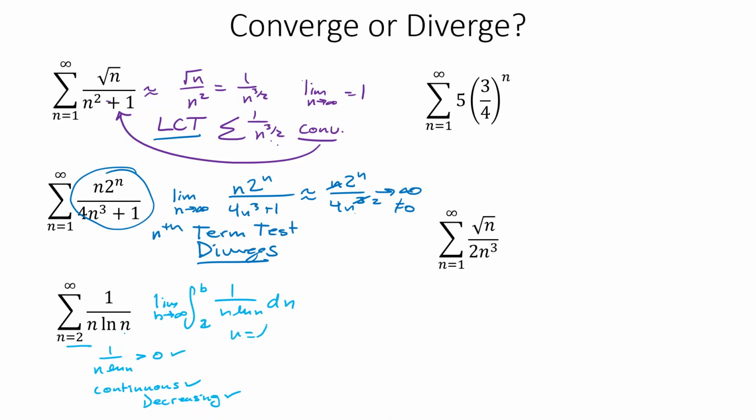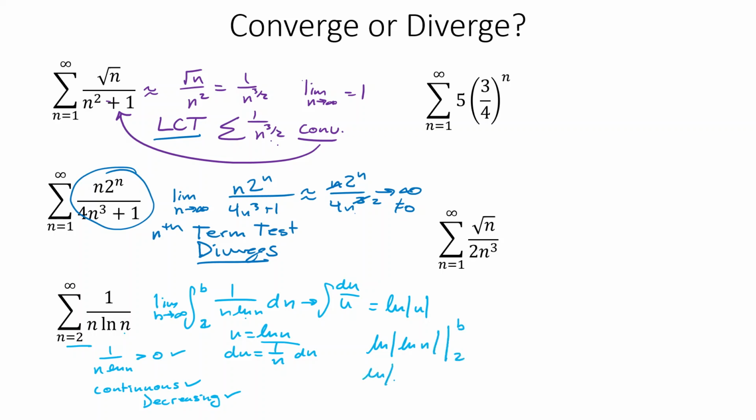And this is just substitution. We've done this integral before. So we've got our u's on the bottom, so this just basically becomes the integral of du over u. So that's ln of the absolute value of u. And when u was the ln of n, we get the ln of the absolute value of the ln of n from 2 to b.